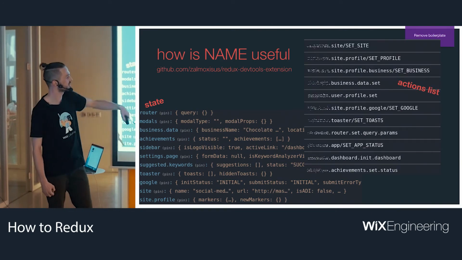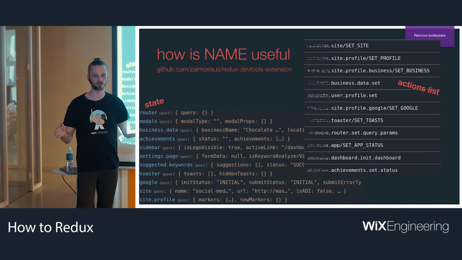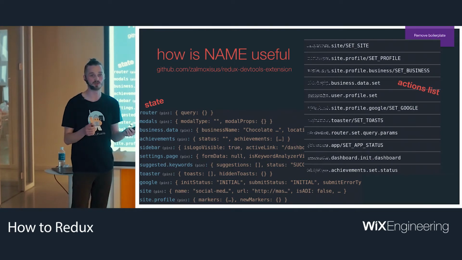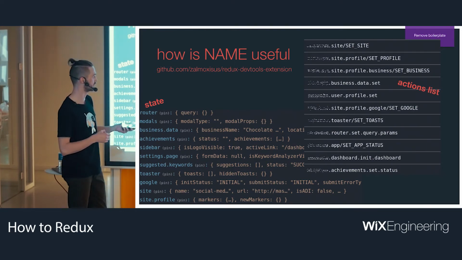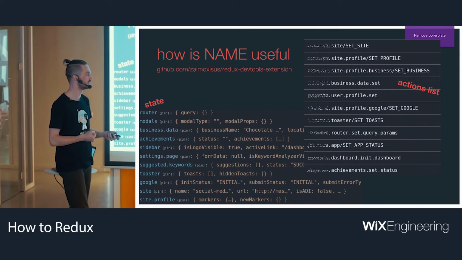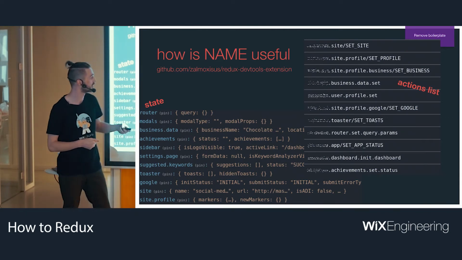Also in the actions list, like I showed in one example before, you have a bunch of action types, and you suffix all the action types with the name. So this is an easy way to figure out what is going on when you have a long list of actions. If you follow this convention, it's easy to track down what is coming from where.